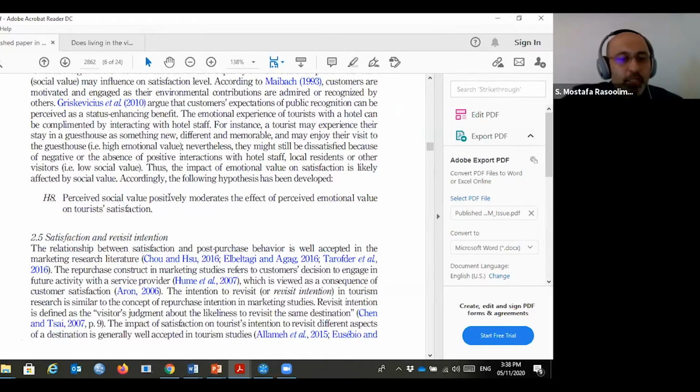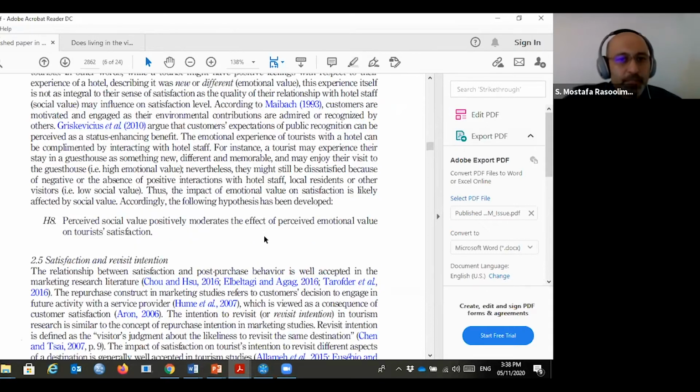Okay, this is a moderating hypothesis. In this paper, we use this way of writing moderating hypotheses.